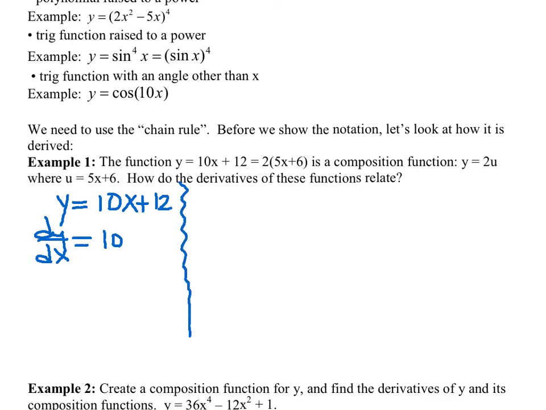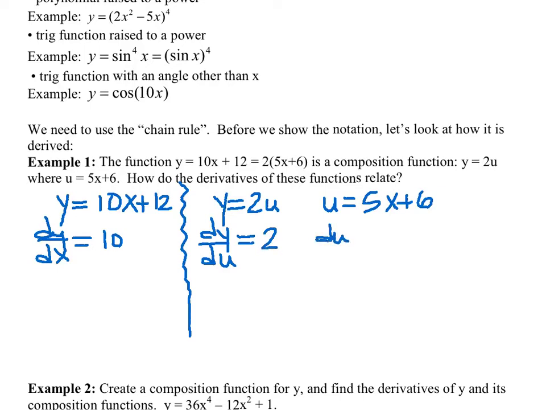Now, when you do the composition, y equals 2u, where u was 5x plus 6, and now you take the derivative of each of those pieces respectively. Dy du, the derivative of y with respect to u, is just 2.